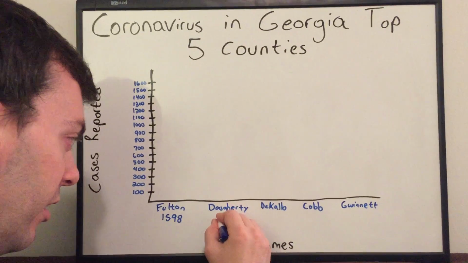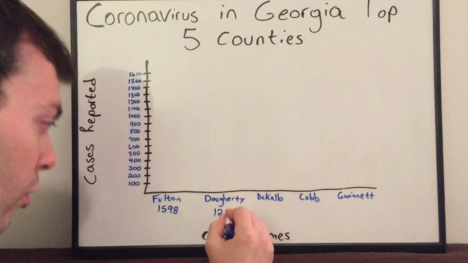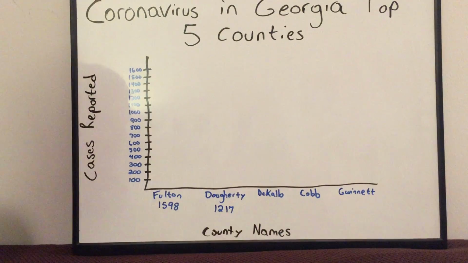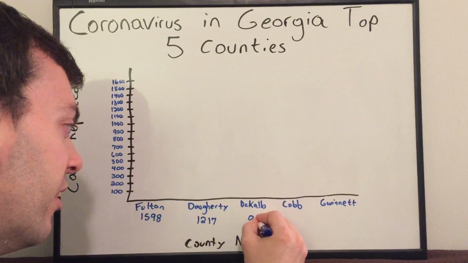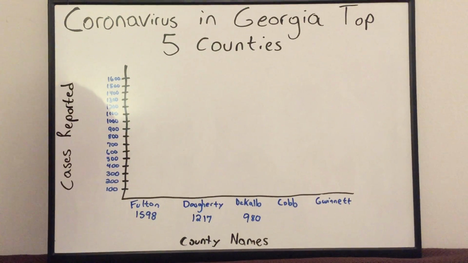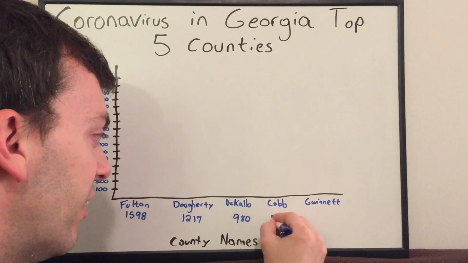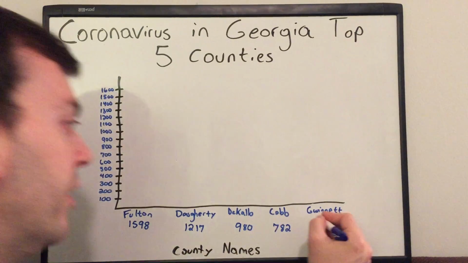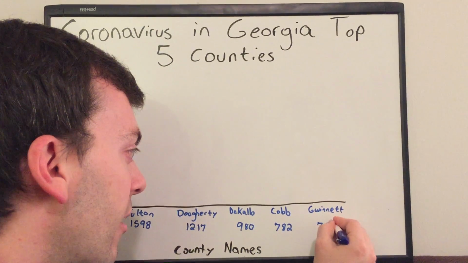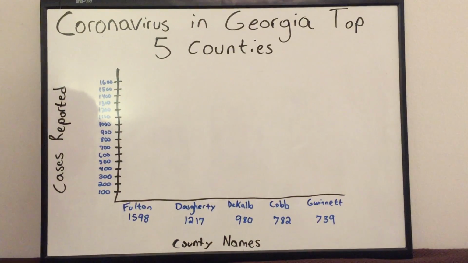Dougherty is 1,217. DeKalb is 980. Cobb, we got 782. And then Gwinnett, we got 739. So those are our top 5.